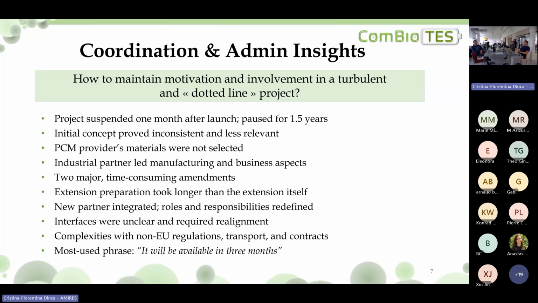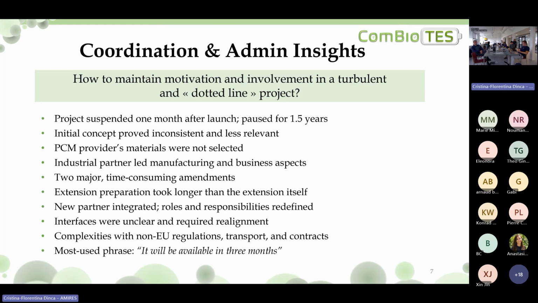The main industrial partner was no more interested in the project and had to be rejected. So that means we had to find a successor, and we had to find someone to manufacture the prototype, to install the prototype, and perhaps even to do the maintenance.